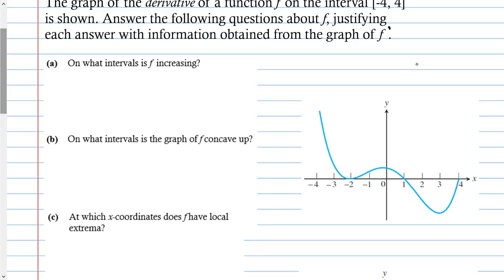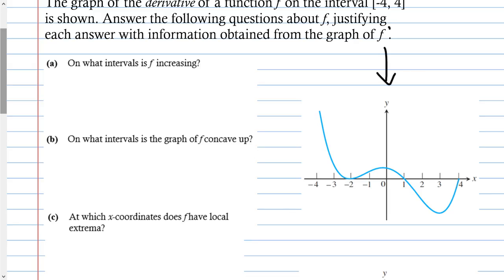Okay, so this is f prime. This is my derivative. My job is going to be to answer questions about the original function's graph, simply f, by looking at the derivative. Okay, so A, on what intervals is f increasing?